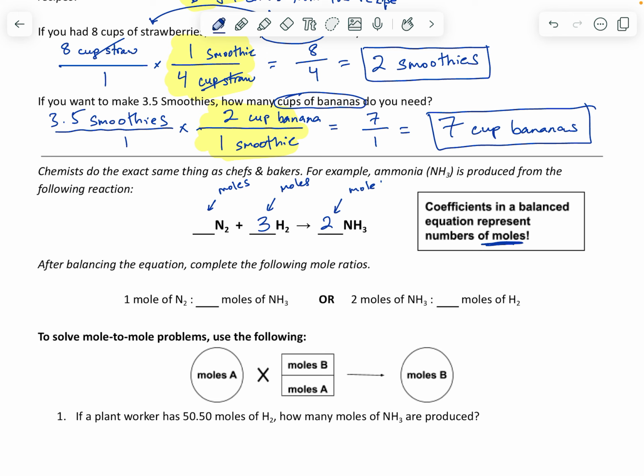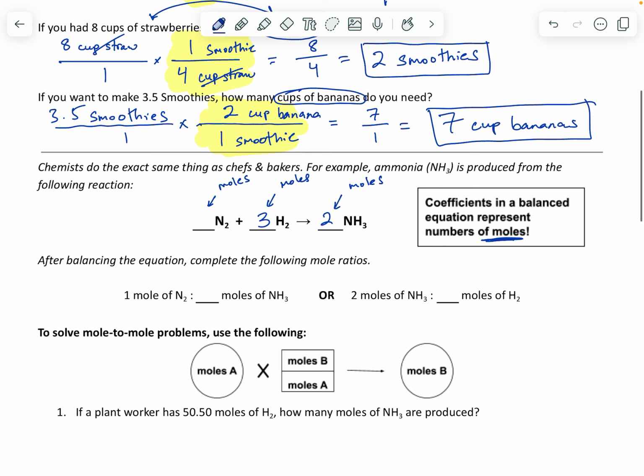And remember, moles are very important because they allow us to use a bridge, so to speak, to connect not just different units to one another, like grams, particles, and volume, but also to substances as a whole. So again, no different than any of the recipes. We have 1 mole of nitrogen, right?